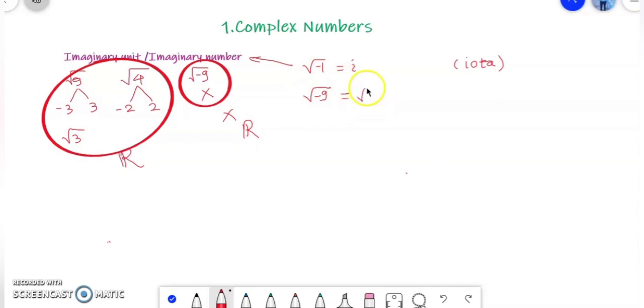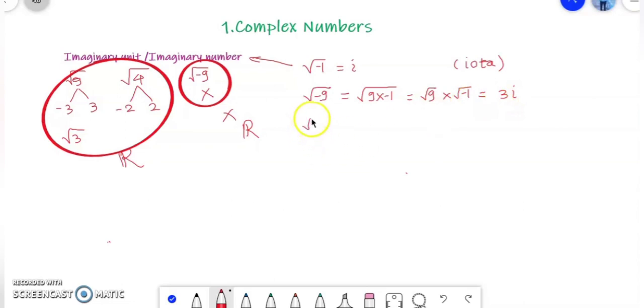For example, root of minus 9, I can write as root of 9 into minus 1, which is root of 9 into root of minus 1. Root of 9 is plus or minus 3, I take just 3 in the beginning, and root of minus 1 is i. So root of 9 into root of minus 1 is 3i.